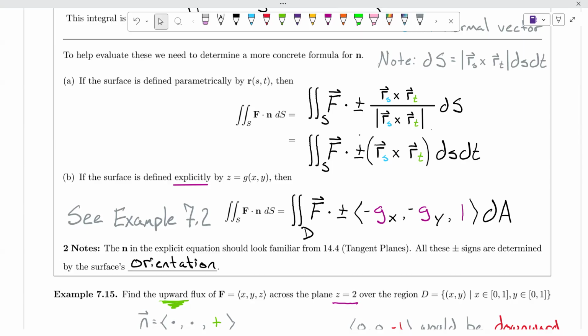I know that in other contexts, it tends to get written positive gx, positive gy, negative 1. But I don't usually like that one as much because that other one, positive gx, positive gy, negative 1, that's a negatively oriented normal vector.